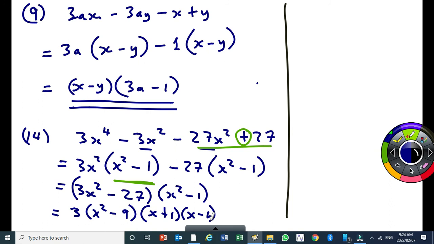Now, this x squared minus 9 is a difference of two squares, so it can also be factorized. If I factorize x squared minus 9, I'll get x minus 3 times x plus 3. So in the end, you are going to have 4 binomial factors and 1 monomial factor outside, which is going to be a 3.